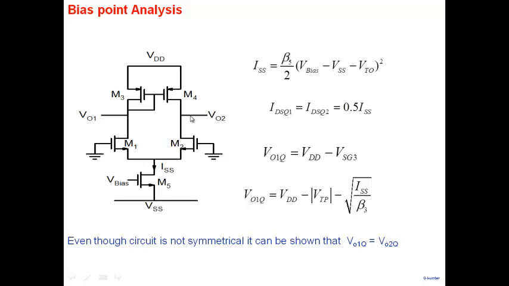And therefore the bias point is extremely stable because the current is decided by here. Once you decide the current, then the source to gate voltage drop here gets decided, and therefore V01 also gets decided.